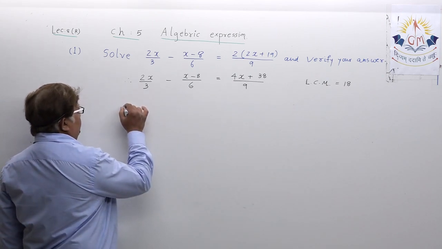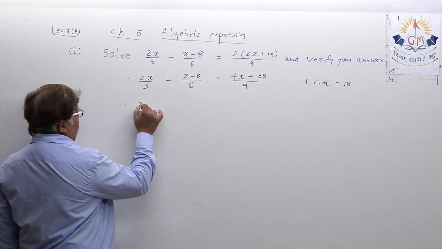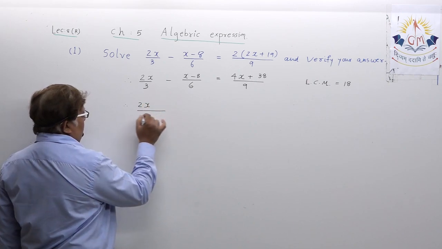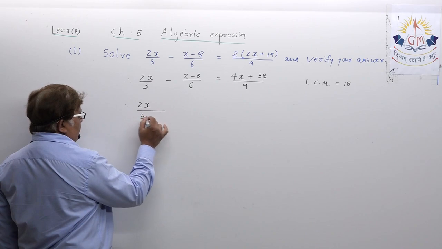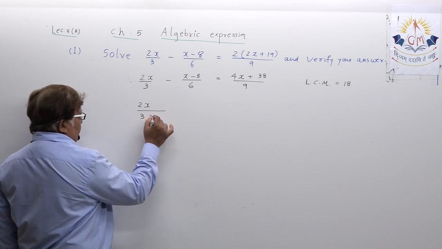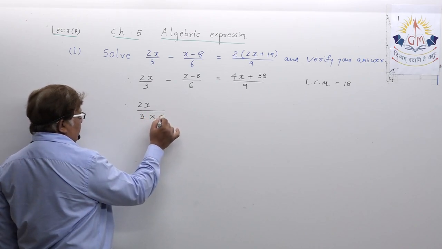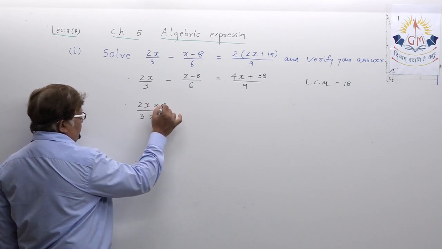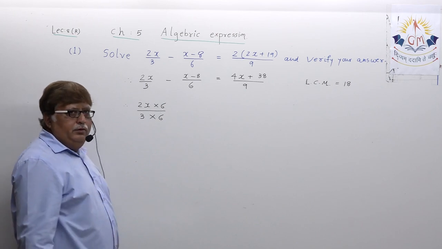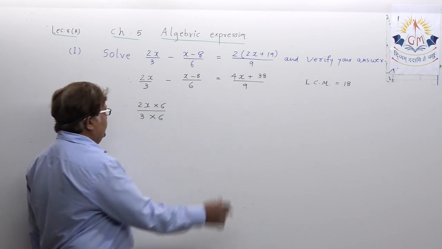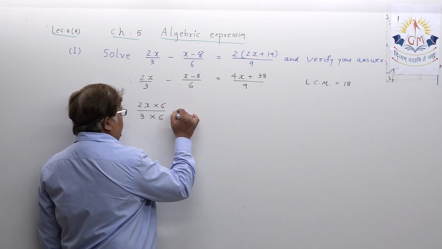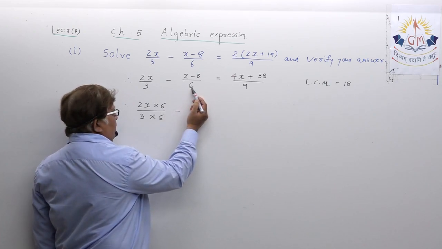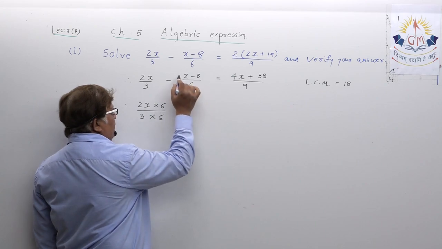Let us move accordingly. 2x upon 3. 3 times how much is 18? 6 times. So multiply by 6. Is it clear in your mind? Minus, 6 times how much is 18? 3 times.